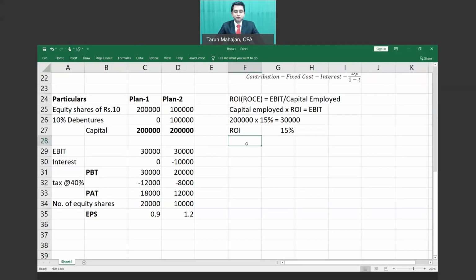Okay, guys. Now you can observe one thing. EPS in plan 1 is 0.9 and EPS in plan 2 is 1.2. Look, you're investing 2 lakh rupees and earning 30,000 rupees, which is actually a 15% return, right?